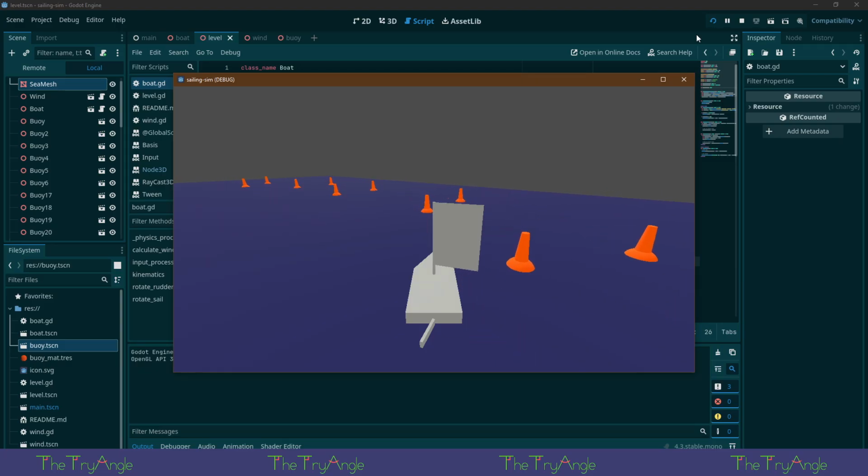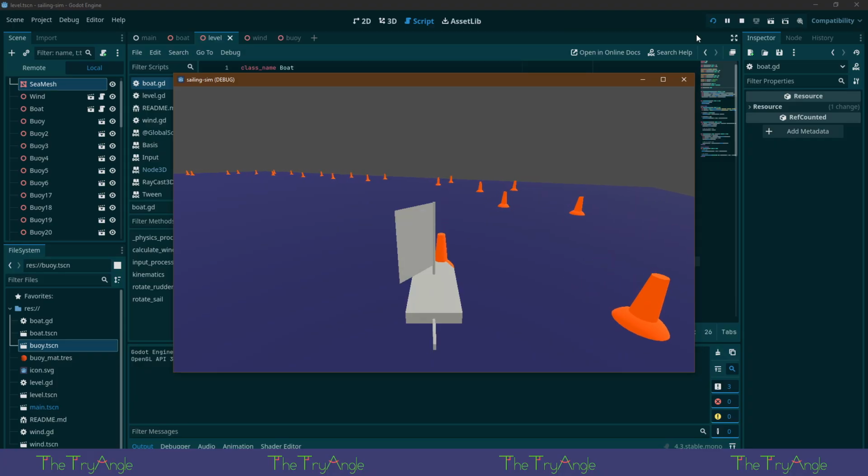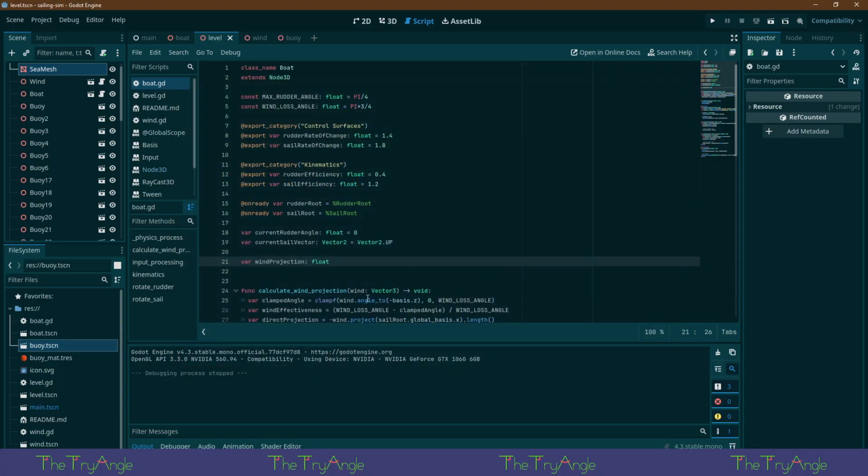Maybe I should limit the movement of the sails. Huh. Well, anyway, it's kind of weird and kind of messed up in so many ways.